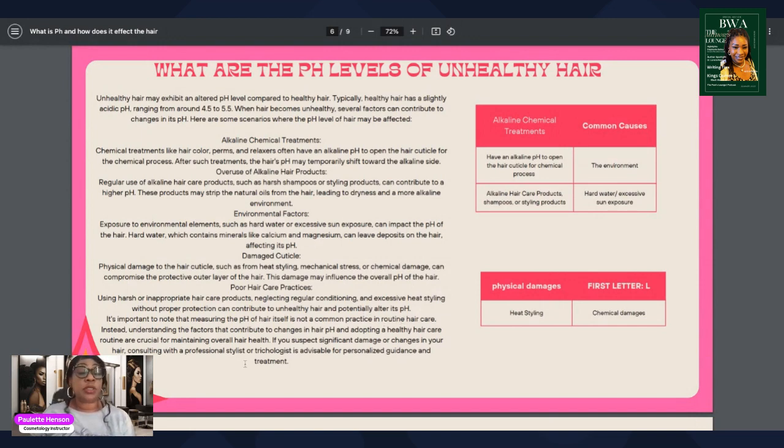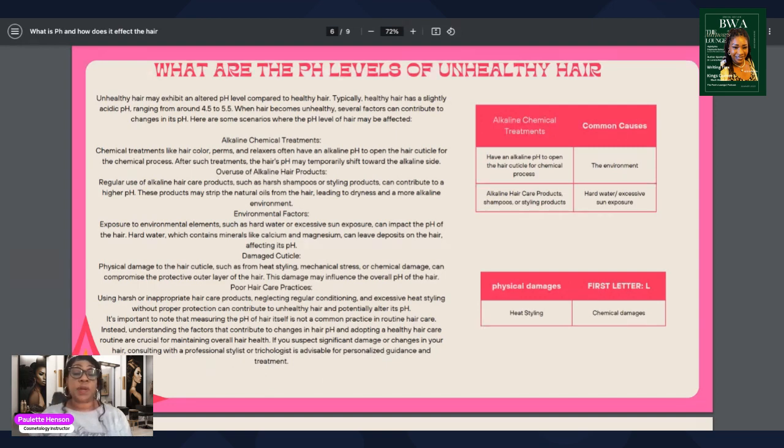It's important to note that measuring the pH of hair itself is not a common practice in routine hair care. Instead, understanding the factors that contribute to changes in the hair pH and adopting a healthy hair routine are crucial for maintaining overall hair health.